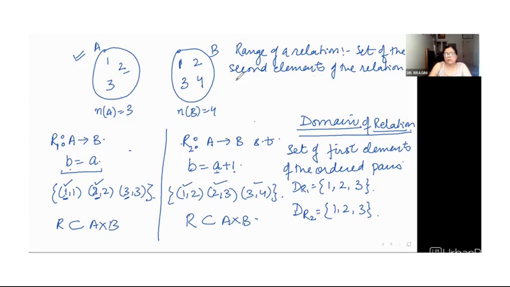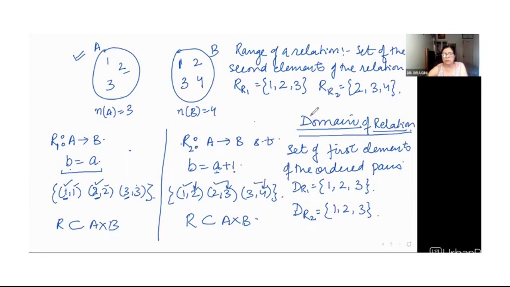Now, what is the range for R1? Here, the range is the set of second elements. That means the values of B: 1, 2, 3. For the first relation, the range is 1, 2, 3. For the second relation, what is the range? See the second elements: 2, 3, 4. So here the range is 2, 3, 4.